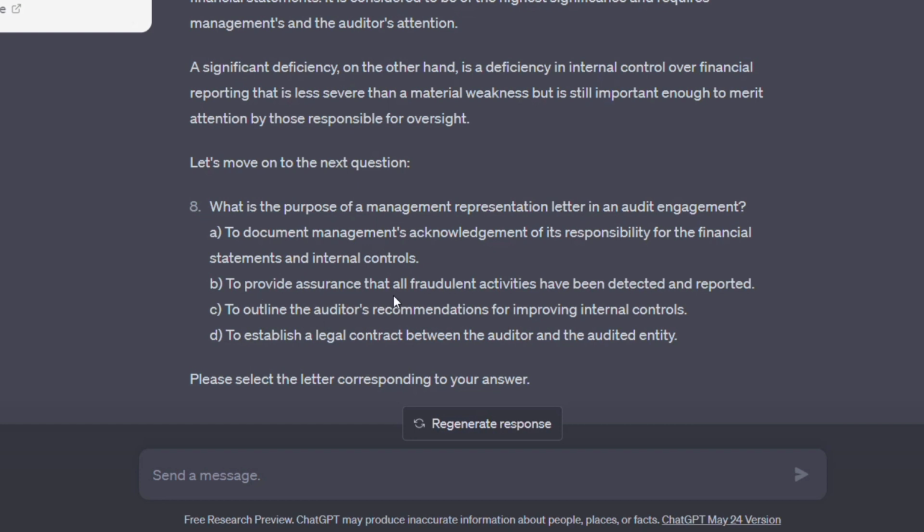To provide assurance that all fraudulent activities have been detected and reported, no. To outline the auditor's recommendations for improving internal controls, no. To establish a legal contract between the auditor and the audited entity. This one is the engagement letter, and this letter C should be found in the auditor's report. Okay, because this is the secondary responsibility of external auditors. So I'm going to have to answer A.